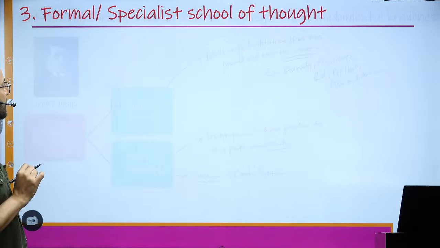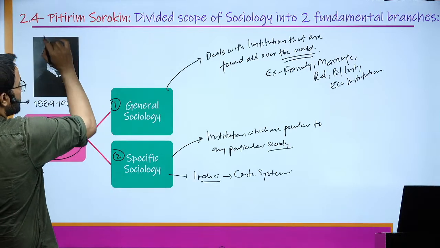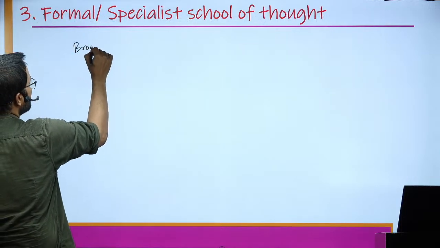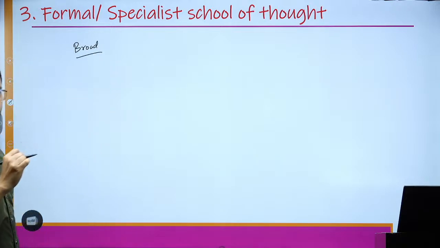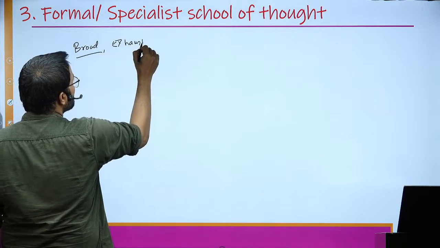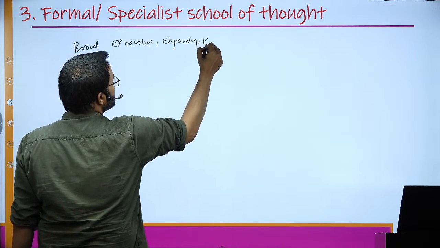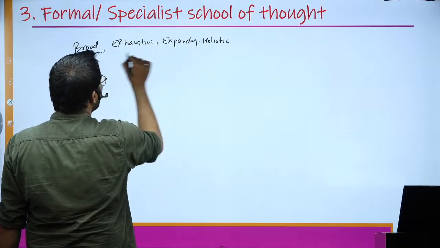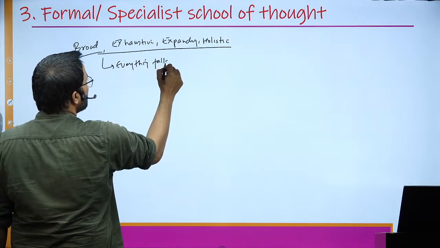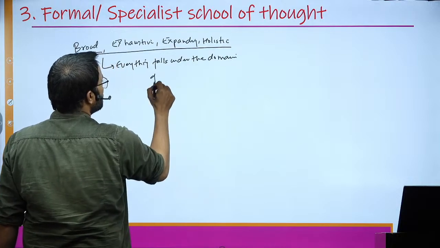Broad and exhaustive. Now, before I move to the formal specialist school of thought, as we talked about the synthetic or encyclopedic school of thought, these people earlier were saying that the scope of sociology is very broad, exhaustive, expanding, holistic, and their idea was that everything falls under the domain of sociology.